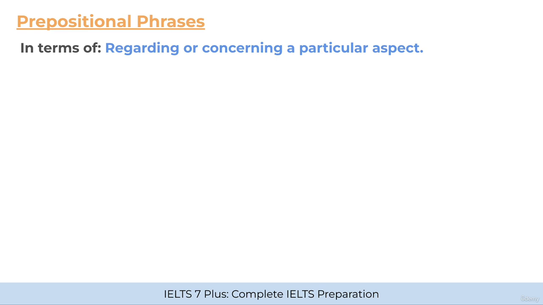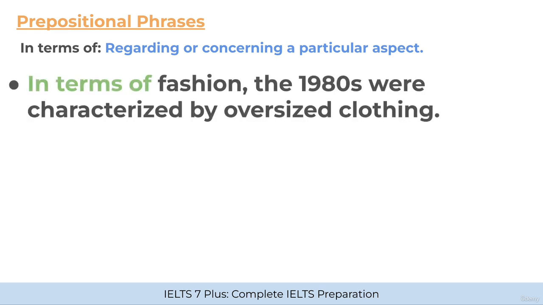In terms of. So this is talking about a particular aspect regarding or concerning a particular element, if you like. So a general example, in terms of fashion, the 1980s were characterized by oversized clothing.